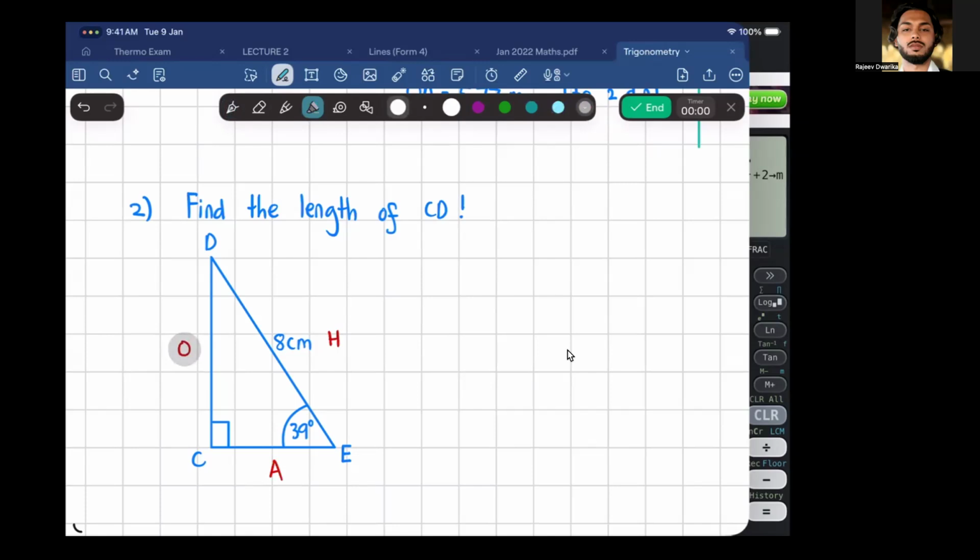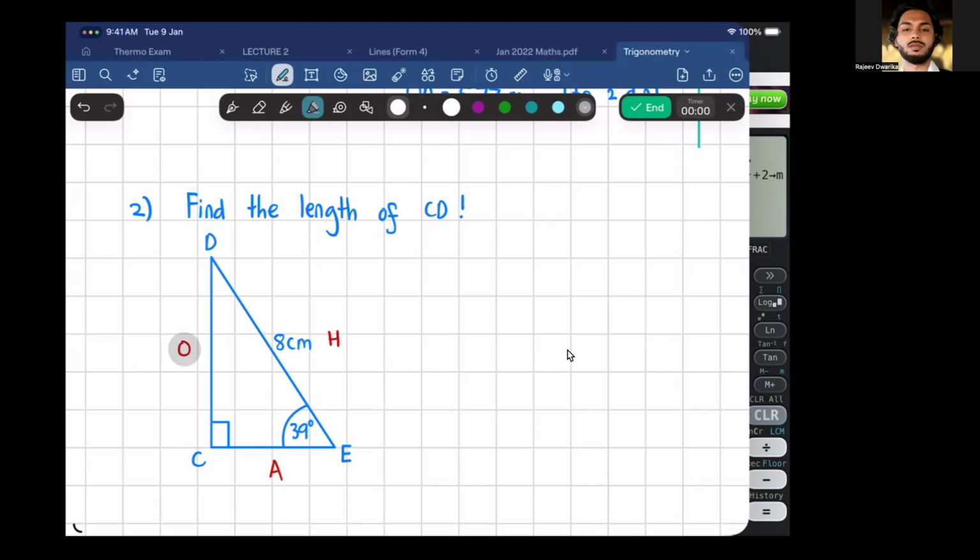Next thing. What length do we have? We have 8 centimeters.